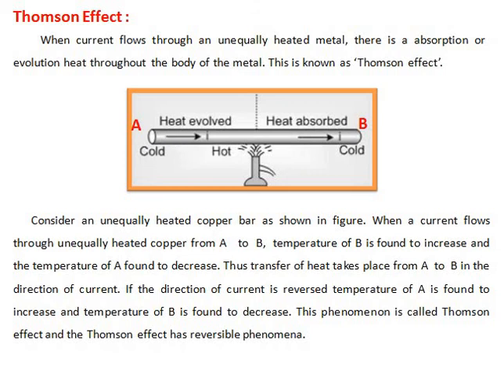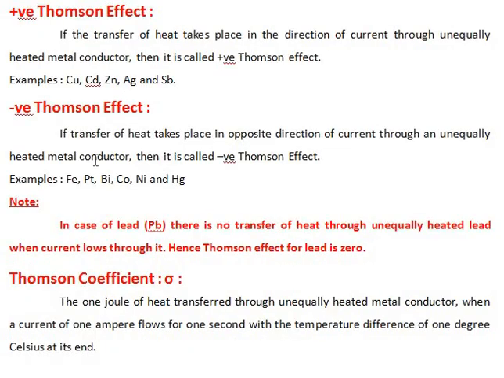Okay. So next, there are two types of Thomson effect: the positive Thomson effect and the negative Thomson effect. Let us see what the positive Thomson effect is. If the transfer of heat takes place in the direction of current through an unequally heated metal conductor, then it is called the positive Thomson effect.